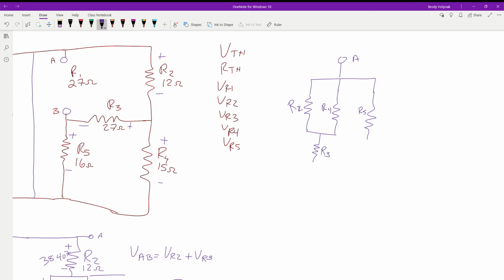Because that's the only thing R3 is connected to, R2 and R4, so we can make that connection there. And there's only one connection between the two of them. We good there? Okay, what about R5? What is the other side of R5 connected to? R3 and point B. So the rest of R5 is going to come down and connect into R3 and point B.